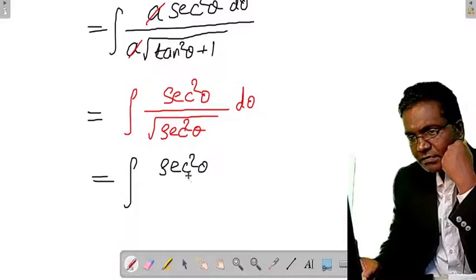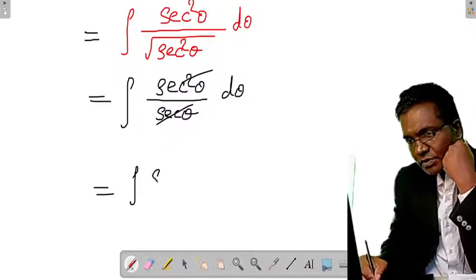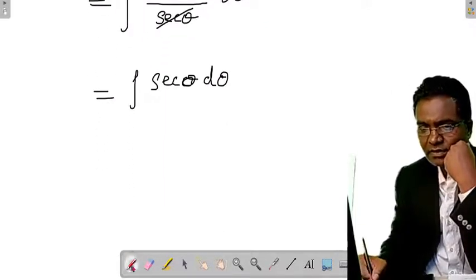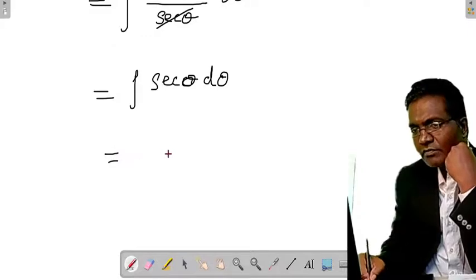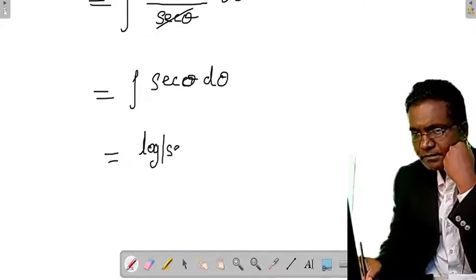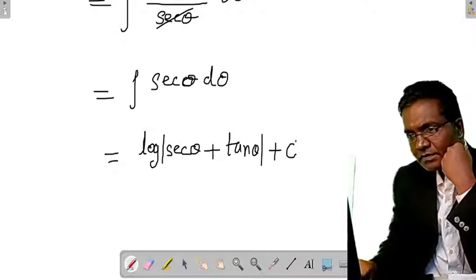So I'll have secant square theta by sec theta d theta. So one sec cancels. You are left with integration of sec theta d theta. Okay, now tell me the integration of sec theta. It is log of sec theta plus tan theta plus c.